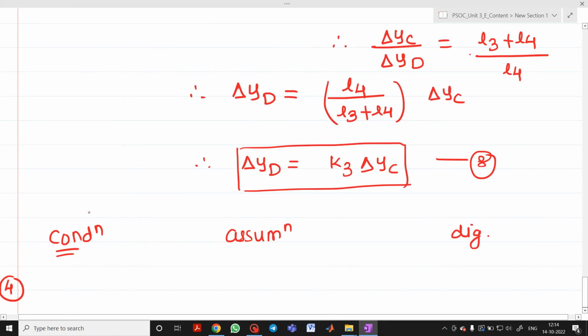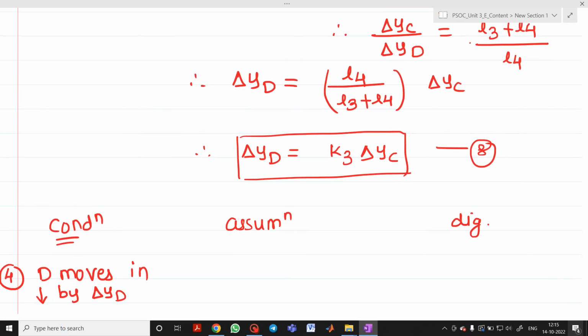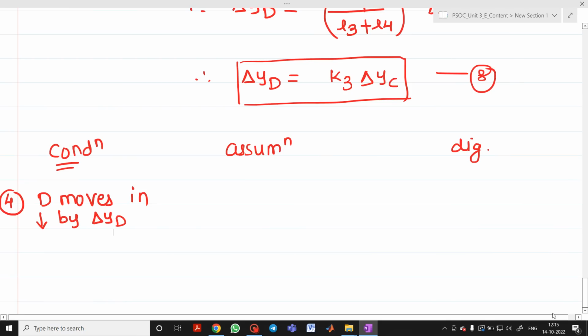Let's say now there will be a movement of the point D. As you know, whenever there is movement of the point C, obviously after that there will be movement of the point D. So here I will write, if D moves in the downward direction by the amount delta YD, the assumption is that C is at a fixed position. So how can I draw a diagram?